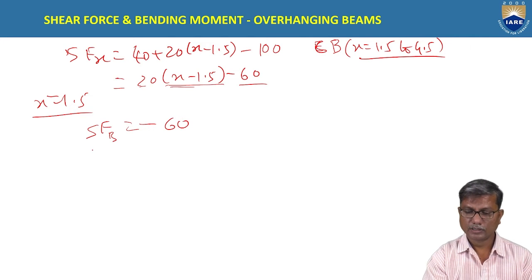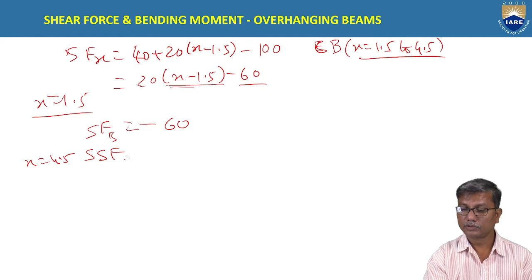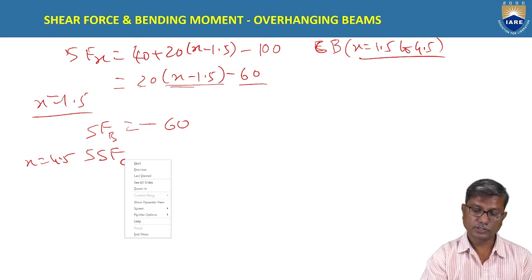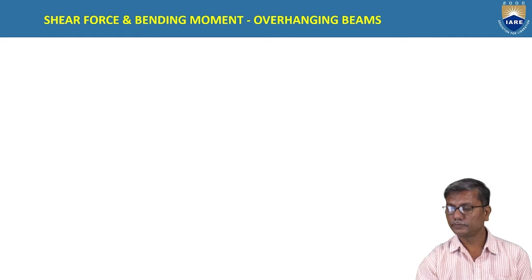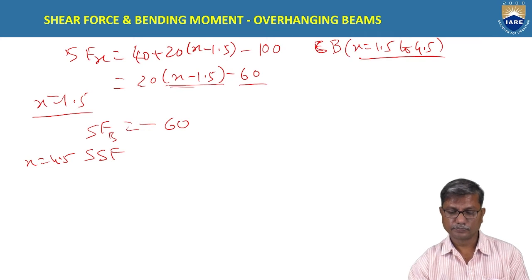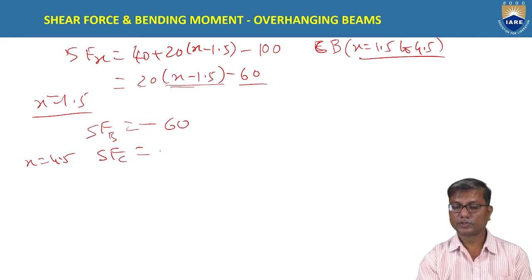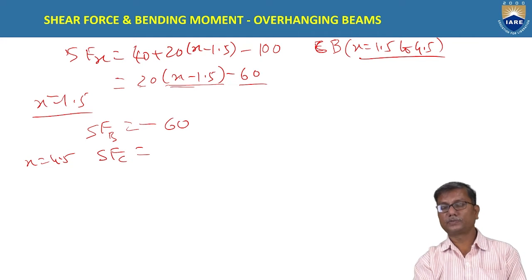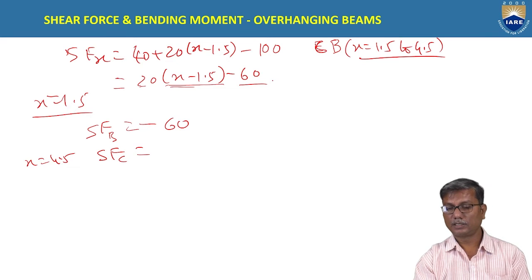Okay. And at X equal to 4.5, shear force at C. Sorry. Shear force at C is, substituting 4.5 for X. So 20 into 3 minus 60.